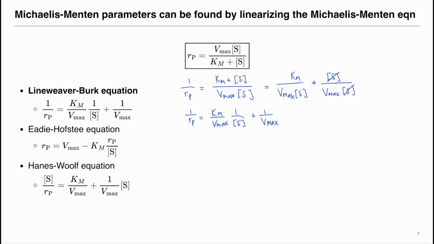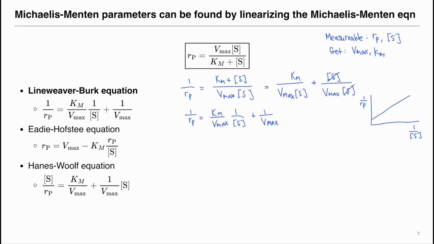If we plot this with respect to experimental data, on the x-axis we'll have 1 over S, and on the y-axis we'll have 1 over Rp. The measurables from the experiment are the rate of production and the substrate concentration, and we want to get the Vmax and K of M. The Lineweaver-Burk plot has a positive slope.